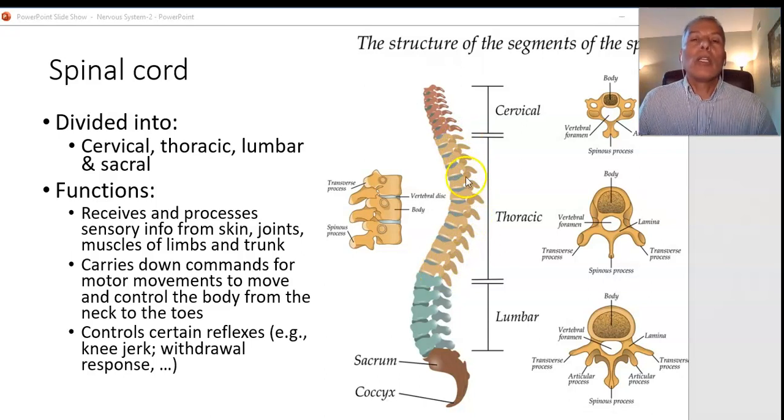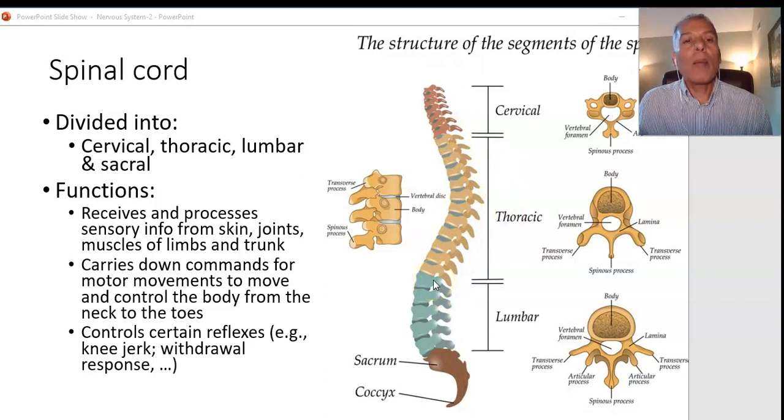And earlier in the course, you learned how each one of these vertebrae is connected with 2 ribs, right and left, and these go around, and the top 7 of these ribs make the top portion of your thorax, of your rib cage. So that segment goes from thoracic vertebra T1 through T12, and that segment of the spinal cord that goes through these vertebrae we call the thoracic segment.